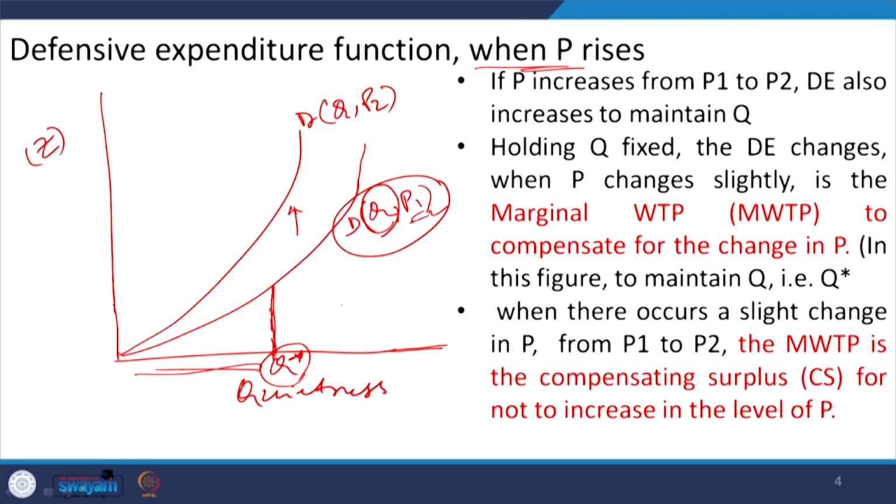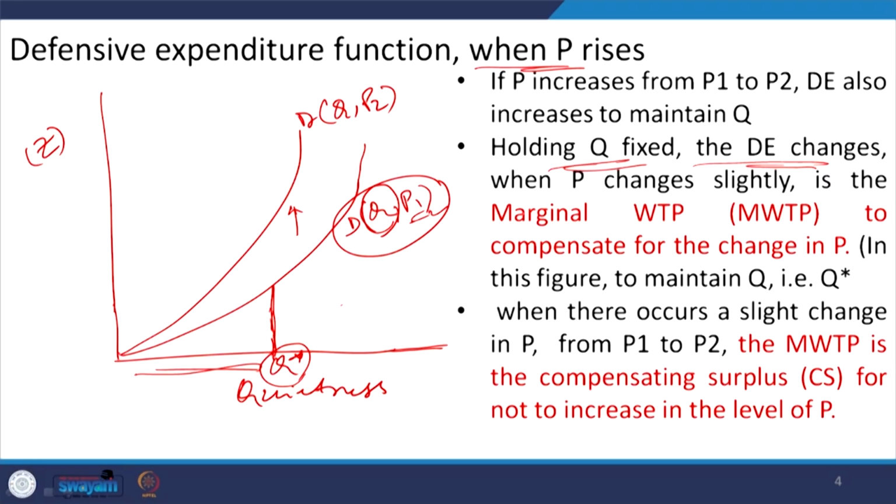So, here we are saying that when we are interested to consume the same level of Q, that is, in terms of Q star, then the defensive expenditure would obviously change, right.